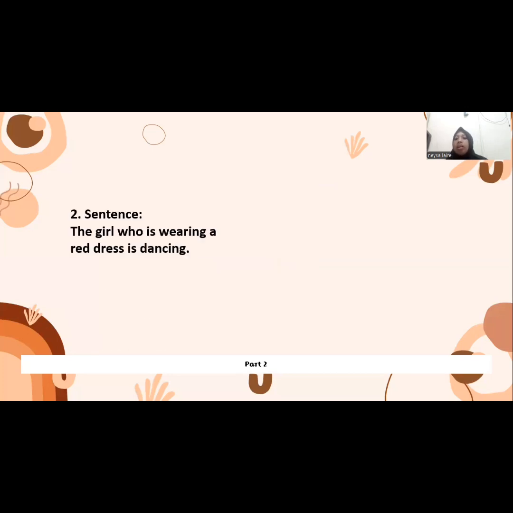Sentence 2: The girl who is wearing a red dress is dancing.